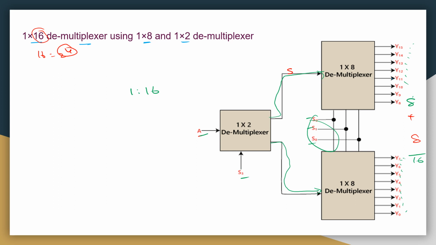After that, detailed concepts of the functioning, its analytic part, its truth table and its equations, and finally the design of 1 is to 4, 1 is to 8 and 1 is to 16 demultiplexers we observed. Finally 1 is to 8 is designed with 1 is to 4 and 1 is to 2. And in similar manner 1:16 is also designed with 1:8 and 1:2 demultiplexers.